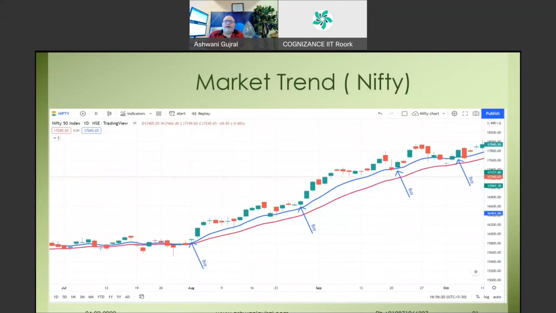Now you have 10 and 20 EMAs which are placed. So each time the price comes and touches the 10 and 20 EMA, as you can see on the arrows, that gives you a buy signal.